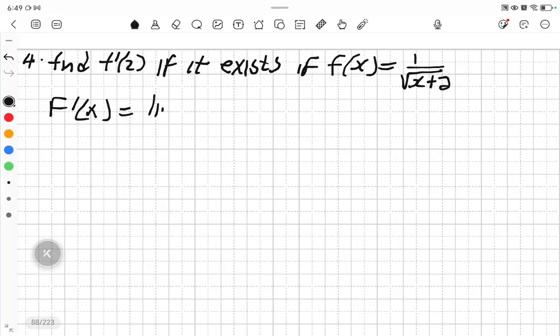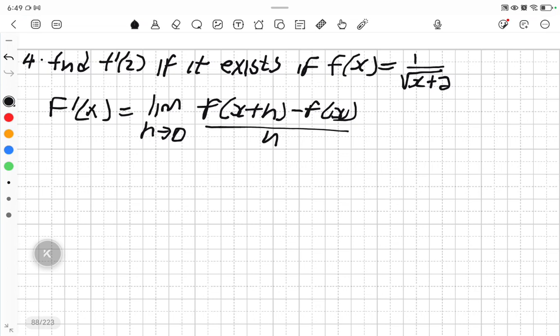This is the limit. Every time you do this, you must state first principle. So this is us stating it. And then we take f prime of 2.